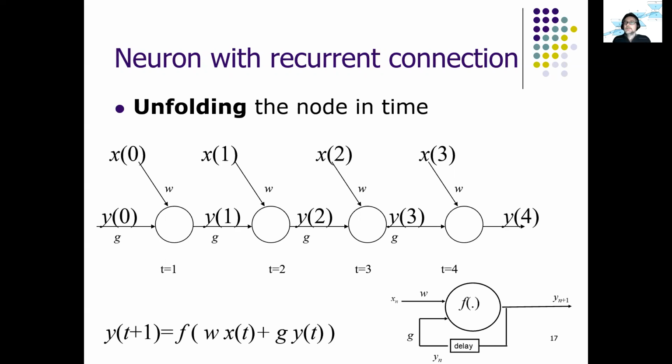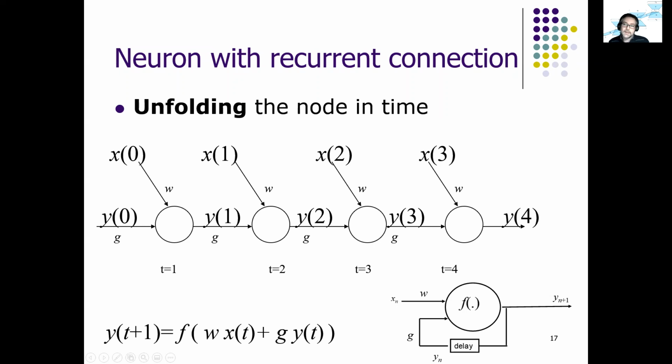One trick that you might have seen already, in different blogs and websites, is the so-called unfolding or unrolling. Unfolding is the term mostly used for the node in time. So the operation of the node is represented by this feedback connection plus an input, the current input, and the feedback, which plays the role of the memory.